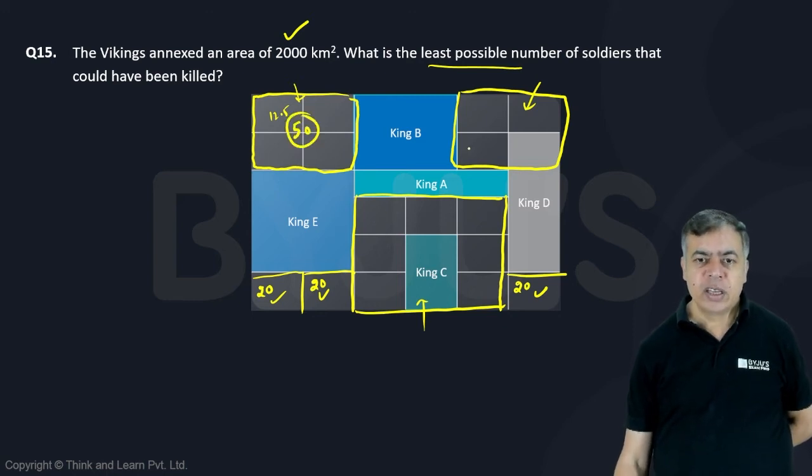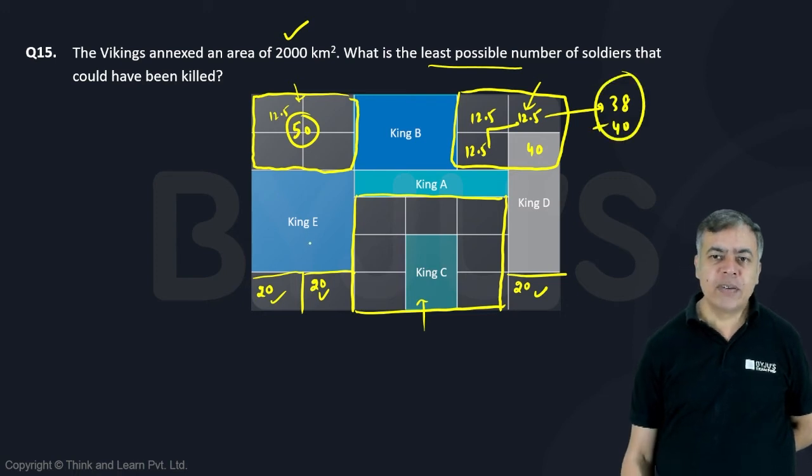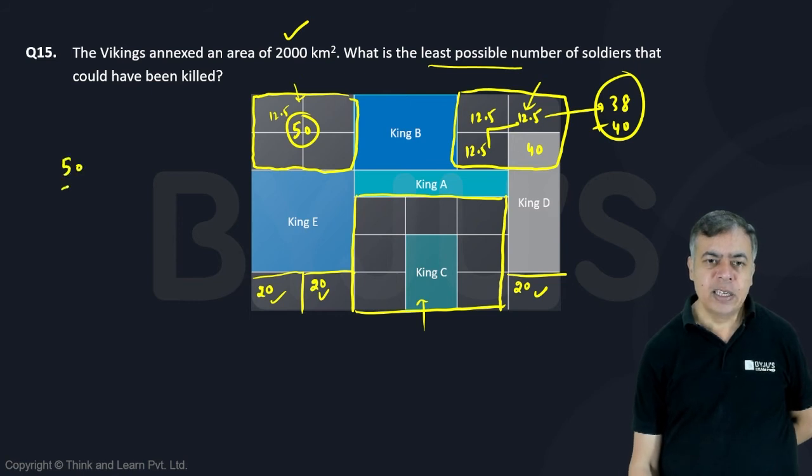Okay, here it will be 12.5, 12.5, 12.5, which eventually will become 37.5 or 38. I need to take 38 plus this one, right? This one will be 40. So here you will have 78. Here you have 50. So I'm writing all 50, 78, 20, 20 and 20.